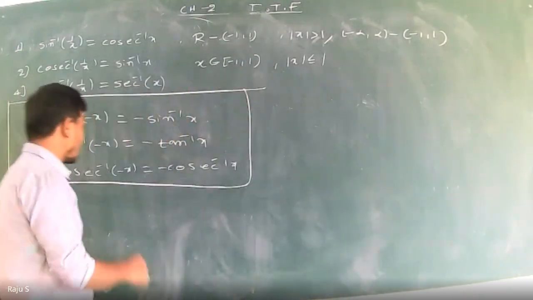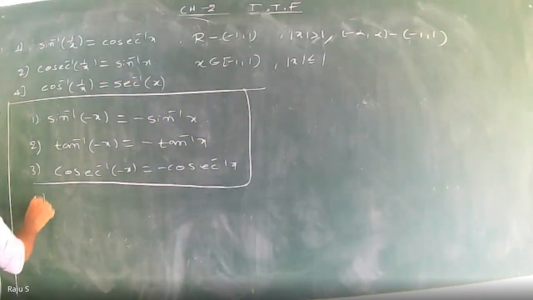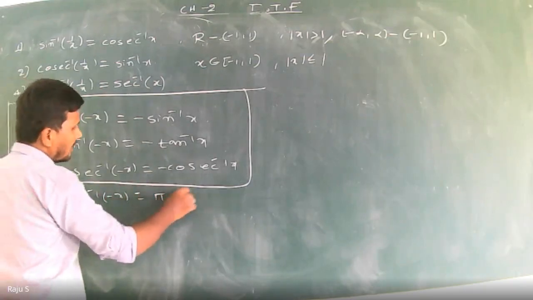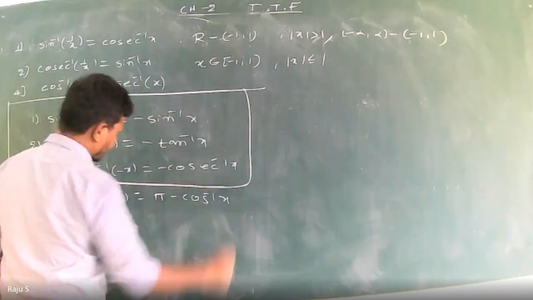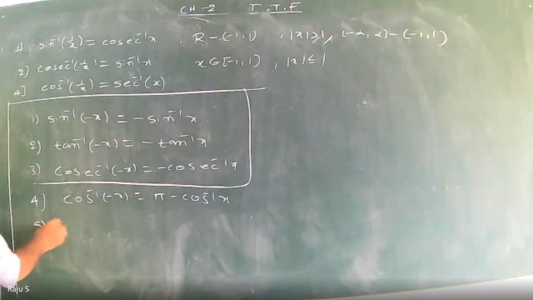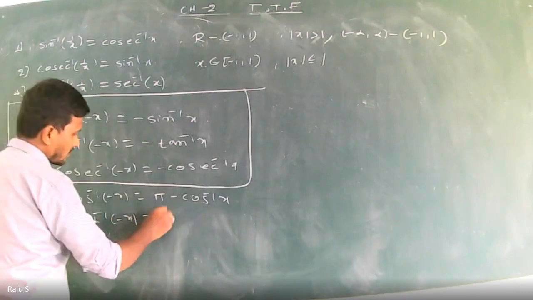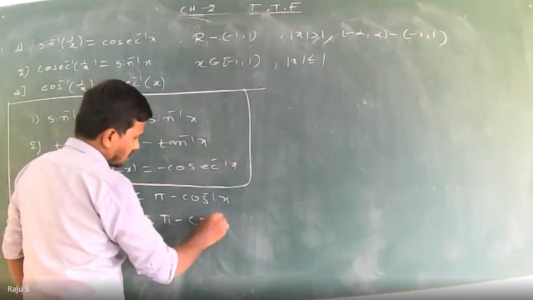But whereas remaining three, like the fourth one is cos inverse of minus x will be pi minus cos inverse of x. Fifth one is cot inverse minus x is 180 minus cot inverse of x.